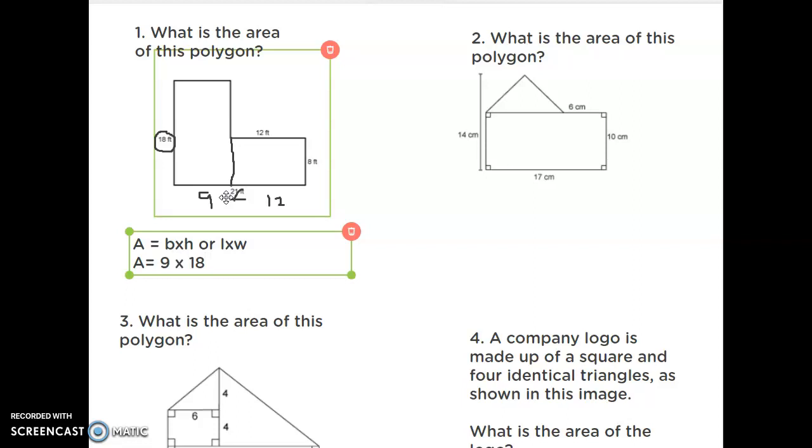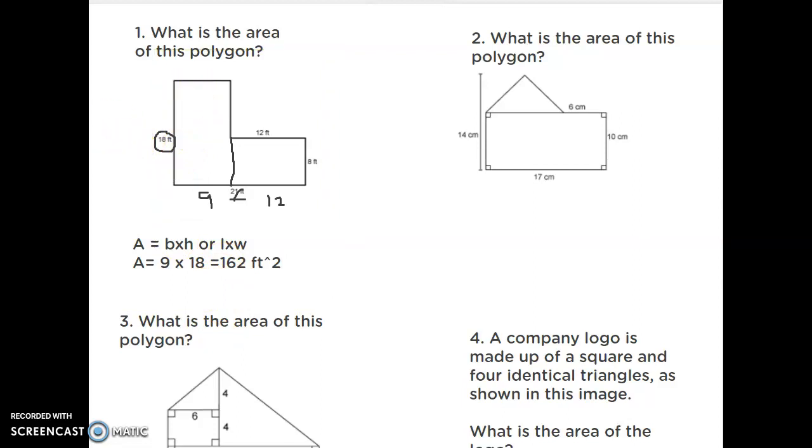That would give us the area of this first one, and that's 162 square feet.